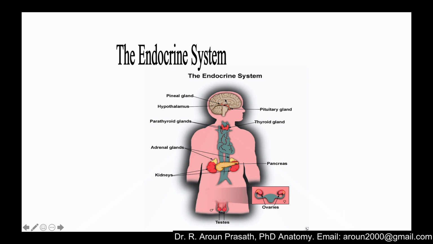What you see here is a general picture of the different types of endocrine glands present: the pineal gland, hypothalamus, parathyroid gland, thyroid gland, pituitary gland, pancreas, adrenal gland, kidneys, and also the testes and ovaries in females. We will discuss all these glands today.